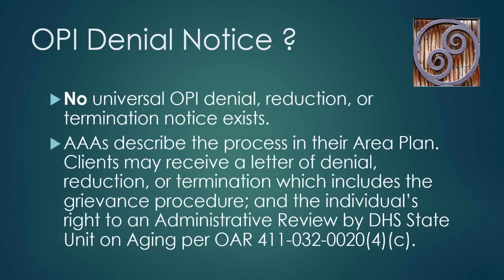That grievance procedure is very important to get into their hands so that if there's a disagreement with the action taken, they know what to do. And that grievance procedure should include the individual's right to an administrative review by the State Unit on Aging per the rule that I've cited on this slide.